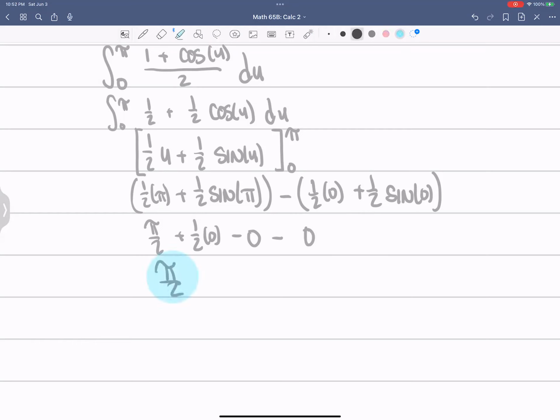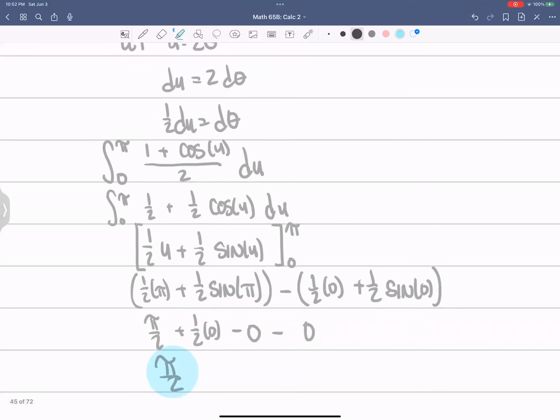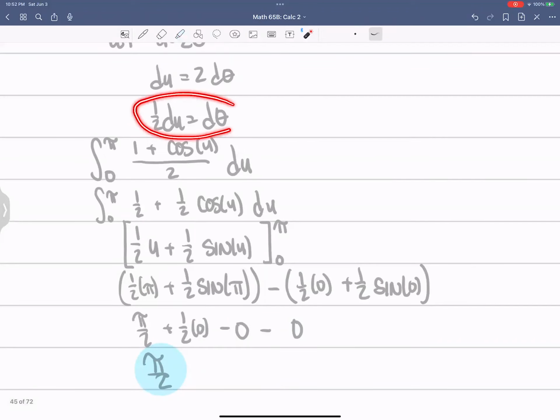Just to make sure. It looks like I might have made a mistake. Let's trace it back up here. Remember when I said 1 over 2 du is d theta, we were going to multiply by that 1 over 2.